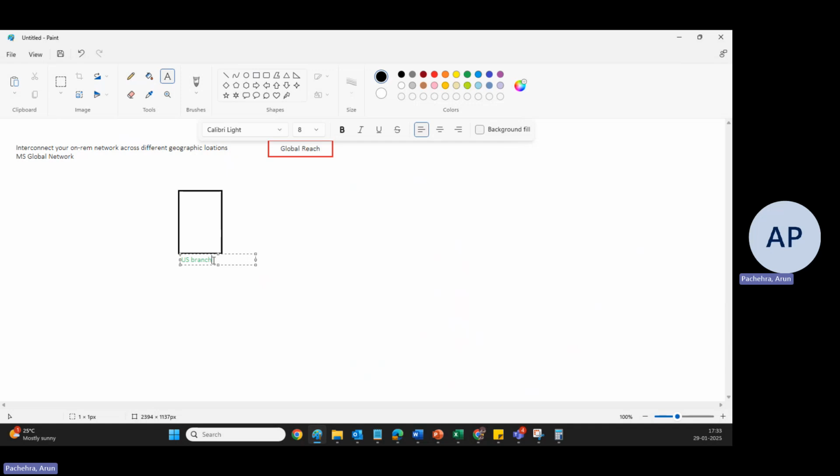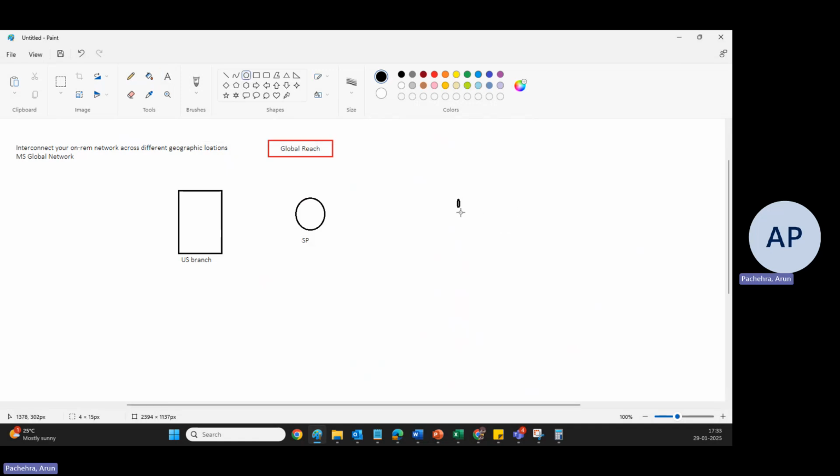Branch office. All right. Now, to connect to the ExpressRoute circuit, there is a service provider, and it is connected to the ExpressRoute circuit, the same architecture that we have learned earlier.